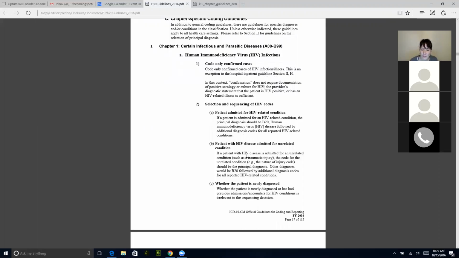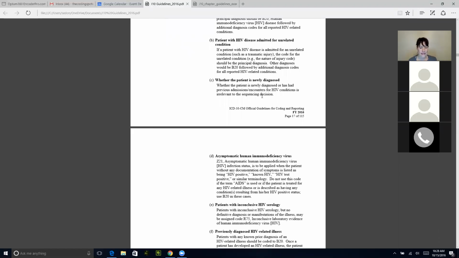If the patient is admitted for a condition unrelated to the HIV, then that unrelated condition would be sequenced first. Other diagnoses would be B20, followed by additional diagnoses for any HIV-related conditions. So we'd have the traumatic injury, the broken elbow, first, then we'd have the HIV, and then any other conditions.